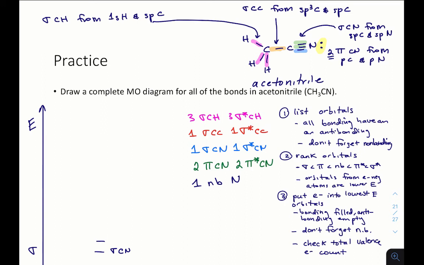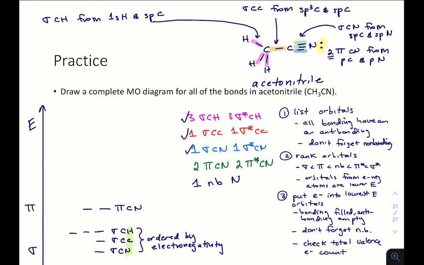Then we'll have the sigma CC, and finally the 3 sigma CH orbitals. Let's check those off of our list. Next, pi. There are 2 degenerate pi CN orbitals. Then the non-bonding pair of electrons on nitrogen, the non-bonding orbital.